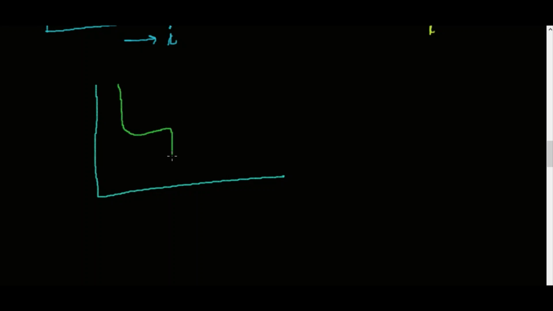This is the starting curve; this is T, this is I, the time-current characteristic curve, and here is the starting current. Up to this we should avoid upstream circuit breaker or relay tripping.